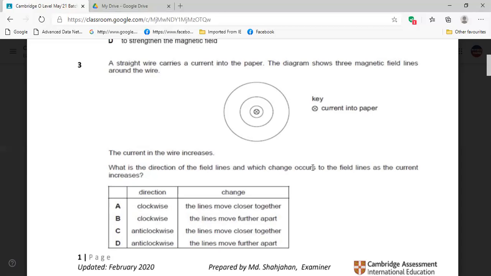Then the lines move closer together, right? Where the lines are closer, the magnetic field is stronger. From the field lines property, we know that.